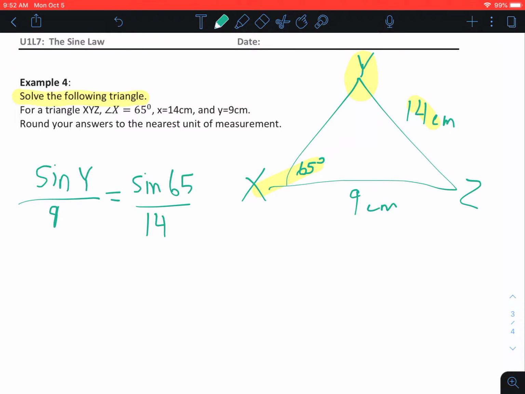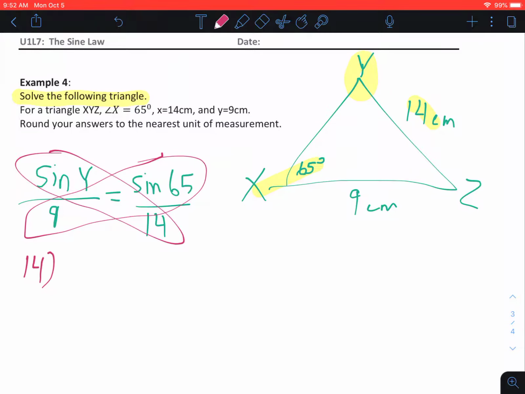Now I want to cross multiply to solve this. We're going to do sine Y times 14 and sine 65 times 9. That gives us 14 times sine of angle Y equal to sine 65 times 9.